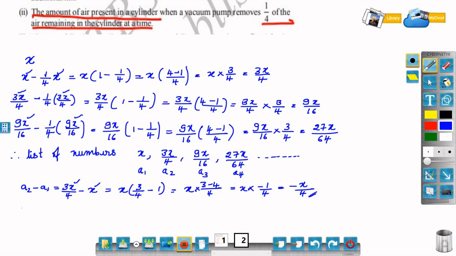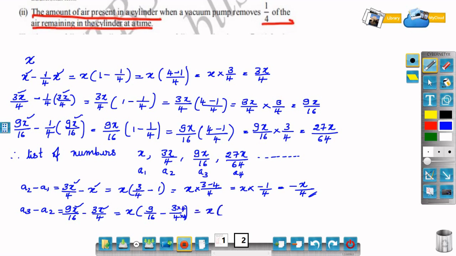Now look at the difference of third and second term. A3 minus A2, that is 9x by 16 minus 3x by 4. Here also x is common, write it outside. 9 by 16 minus 3 by 4. Now denominators are not equal, make them equal. 4 4s are 16, here also 16.